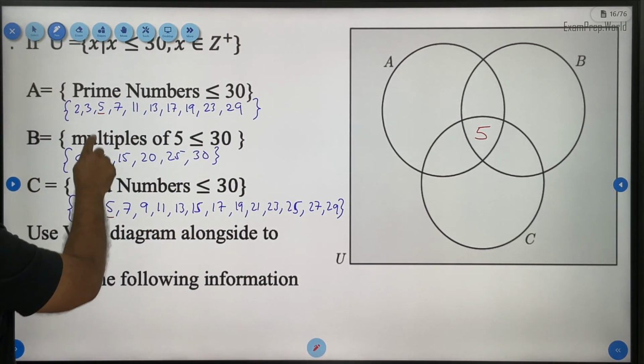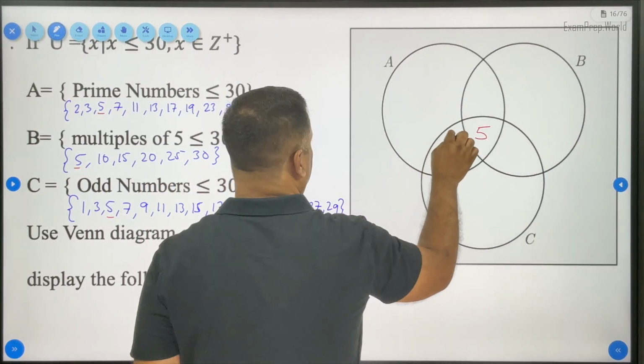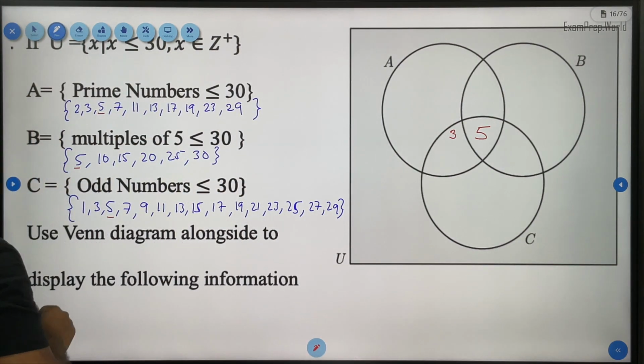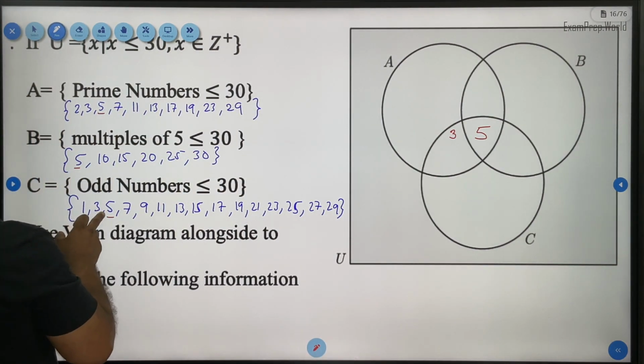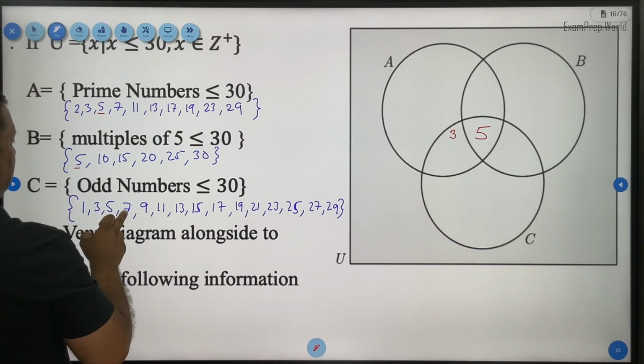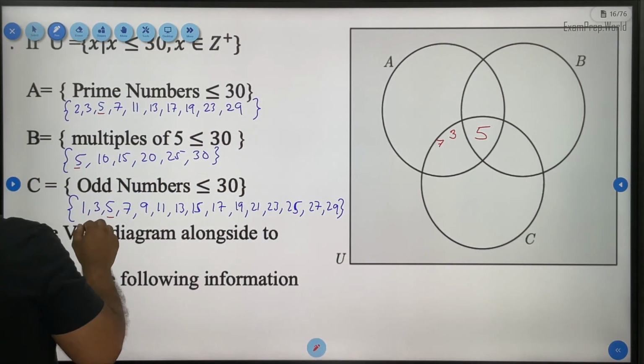3 is there. 5 is already included. So first write 3. The moment we get it, you start writing them. 5 we have already written. 7 we should write here. 3, 7 also included.